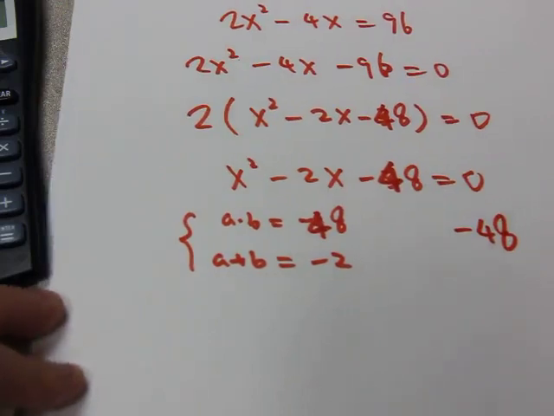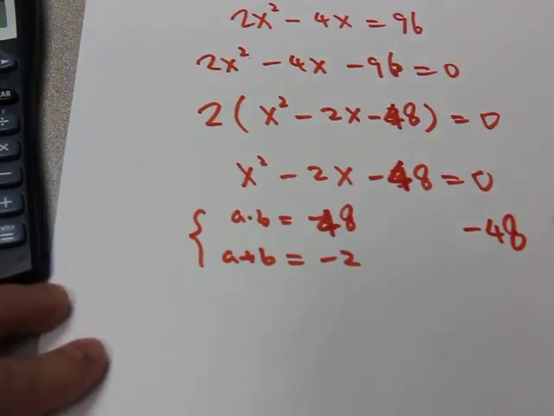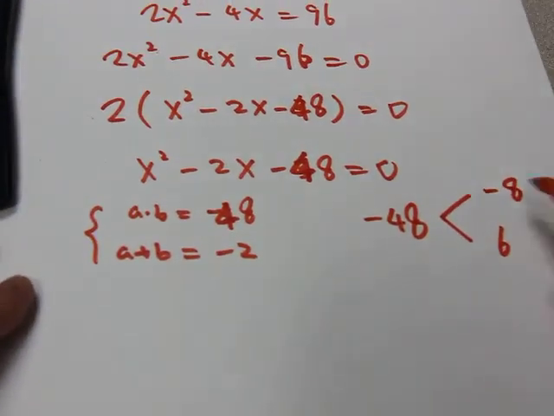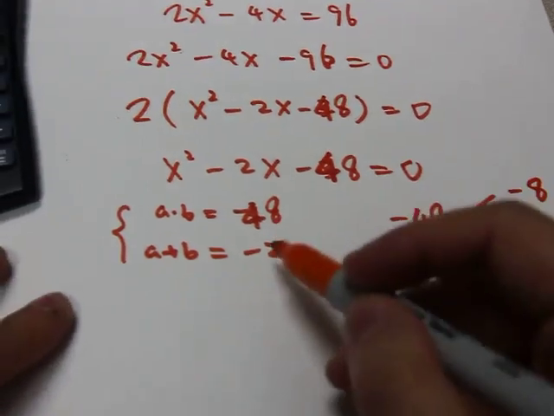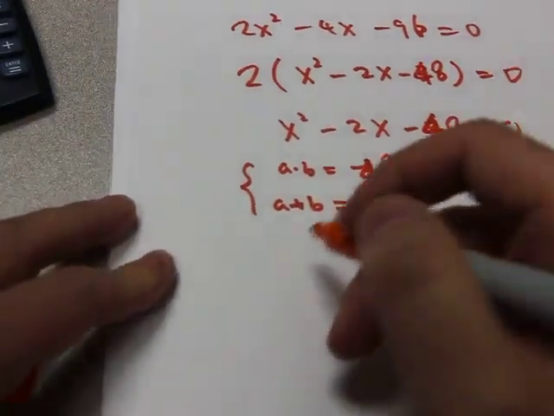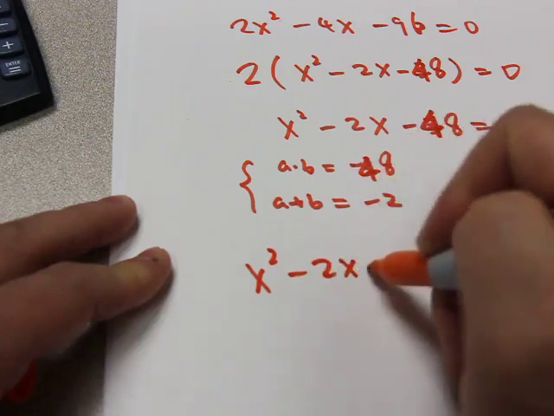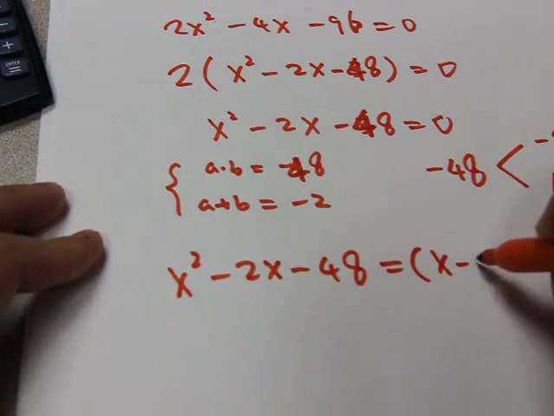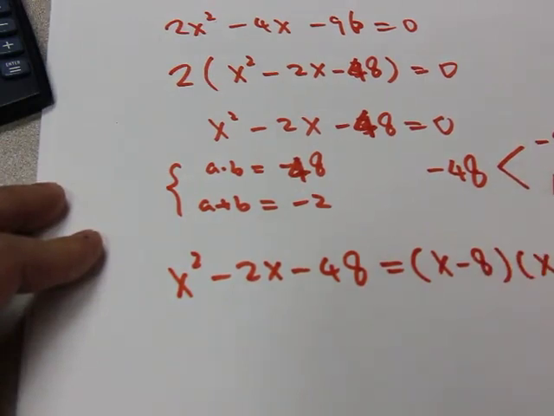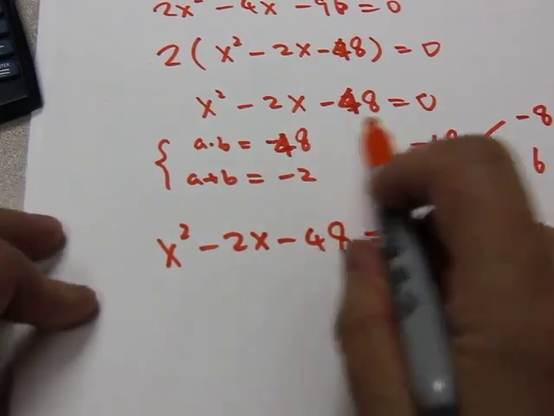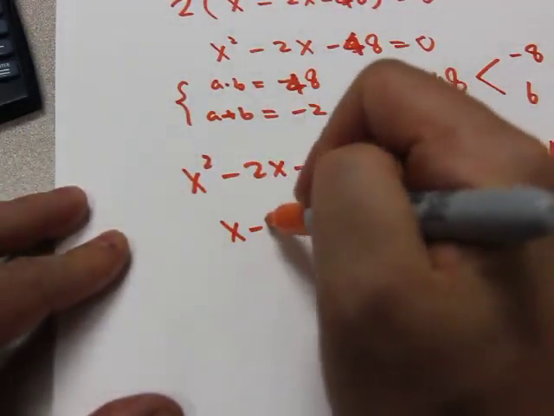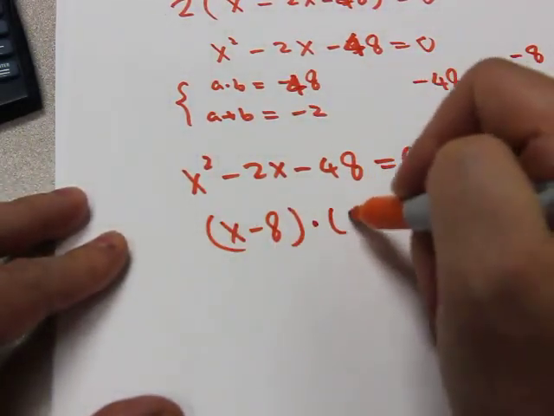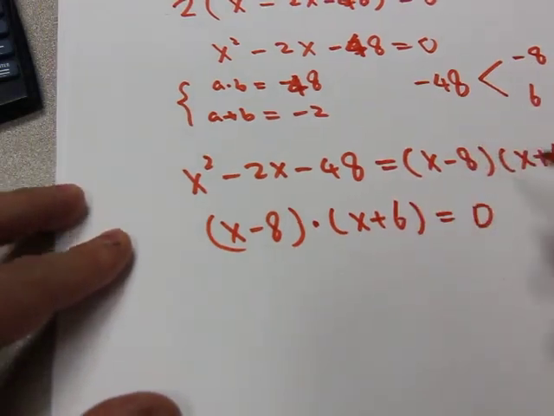negative 48, we can factor it as negative 8 and 6. Now, the sum of negative 8 and 6 is negative 2. So therefore, x squared minus 2x minus 48 we can factor as x minus 8 times x plus 6. So the quadratic equation becomes x minus 8 times x plus 6 equals 0.